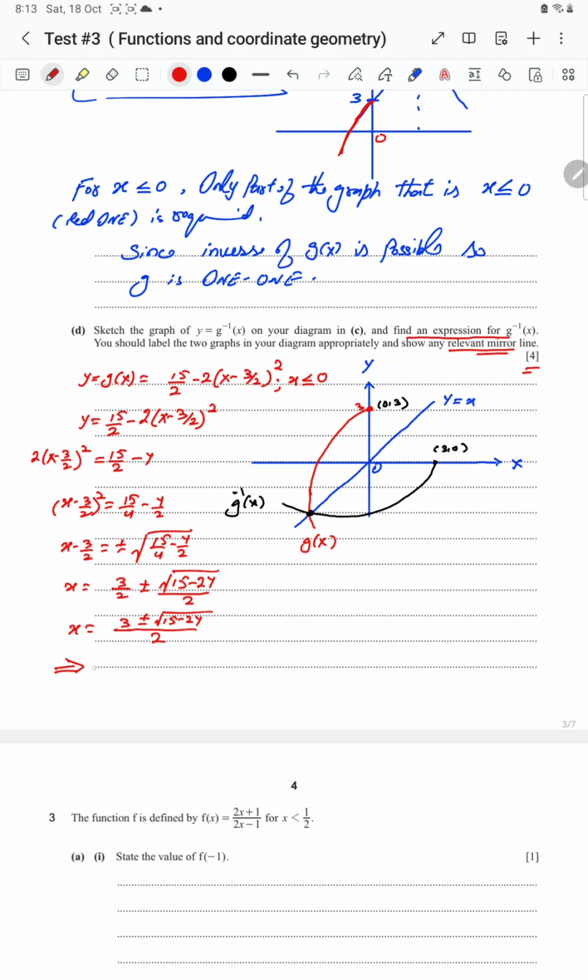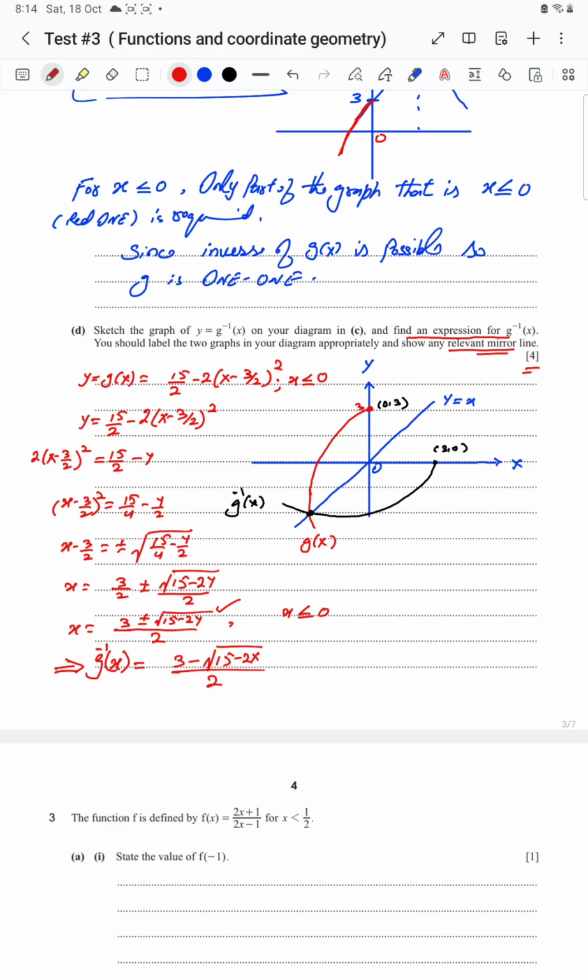As the given function has its domain less than or equal to 0, it can be true when the other function in the root will be negative. So I can say the final answer is x equal to 3 minus, so g inverse of x is 3 minus the square root of 15 minus 2x, over 2. That is the expression, and along with the expression we have drawn the graph as well.